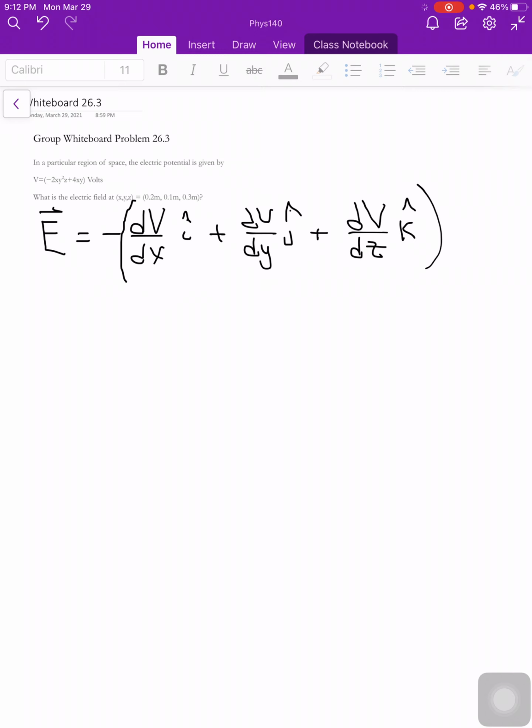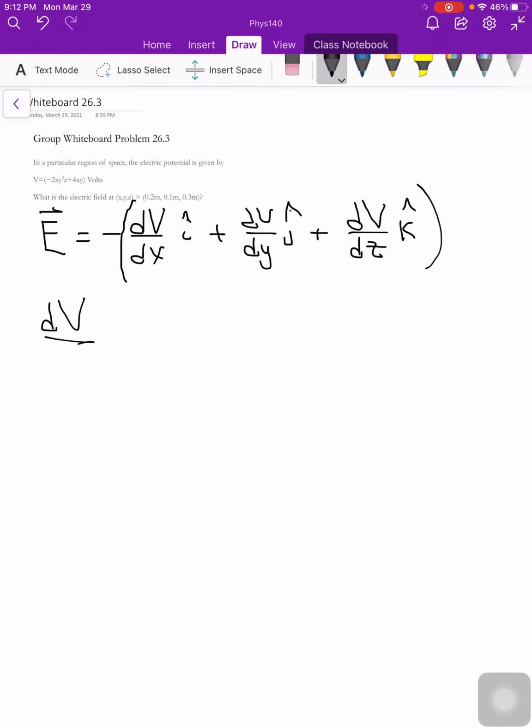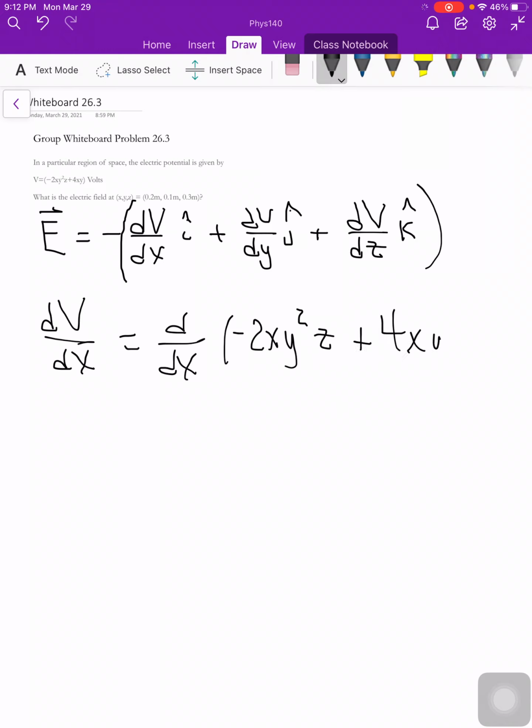So let's just split up these derivatives. dV dx is equal to d dx of negative 2xy squared z plus 4xy.